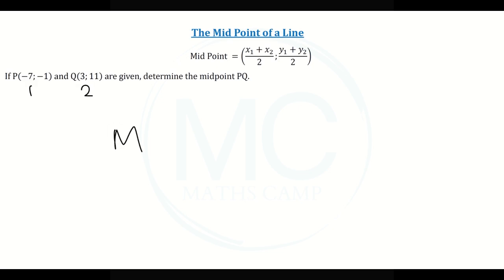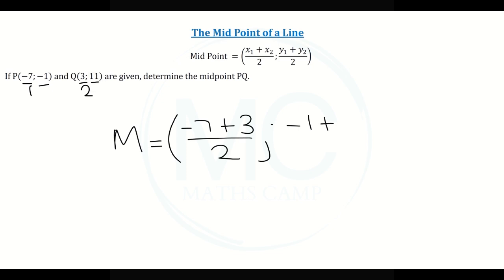Now for the midpoint M, we can say M is equal to, let's open a bracket, the x-coordinate of our first point, -7, plus the x-coordinate of our second point, which is 3, all over 2. For the y-coordinate of M, we look at the y-coordinate of P, -1, plus the y-coordinate of Q, which is 11, all over 2. And now we can close our bracket.